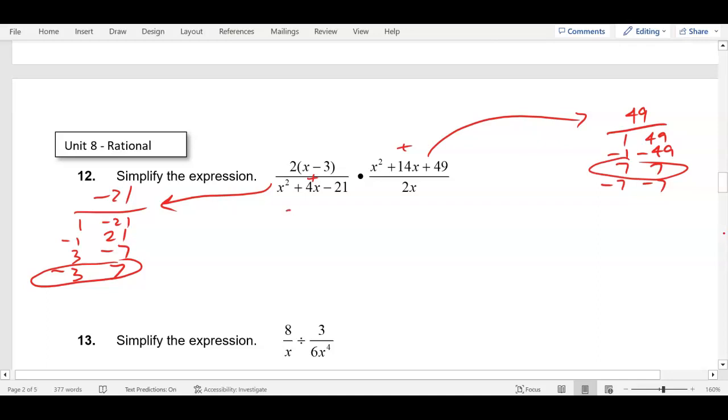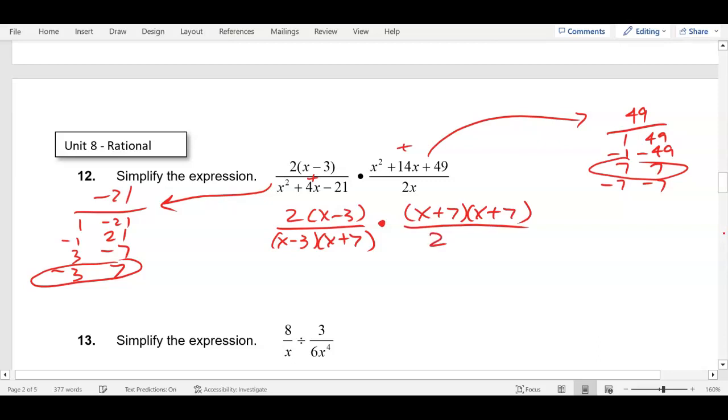So let's rewrite this. 2x minus 3 on top over, using these two numbers, x minus 3, x plus 7. Times, on top over here, we're going to use 7 and 7, x plus 7, x plus 7. On the bottom, we have 2 times x. Now, since we're multiplying, we can start canceling things out that match on top and bottom.